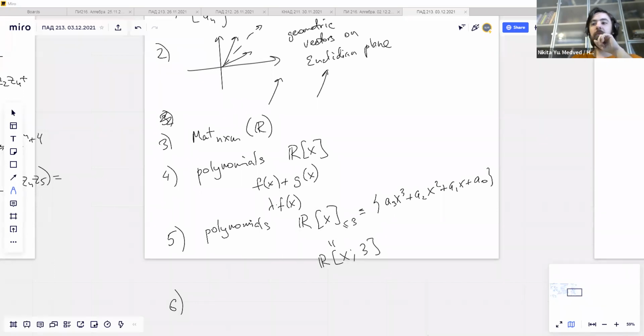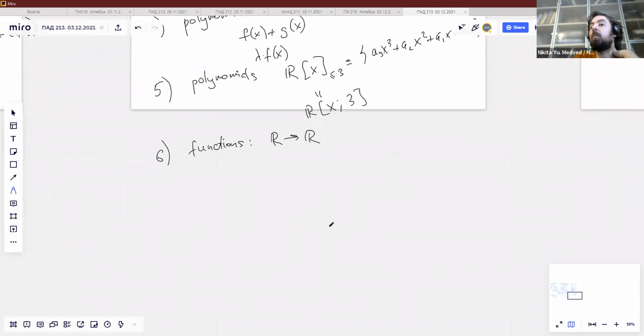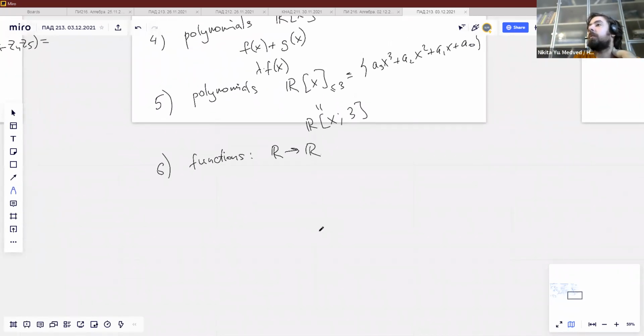Finally, I wanted to have one final example before I go on. Functions. For example, from real line to real line, the functions you study in calculus, any functions, you can add functions point-wise. At each point, the sum of functions gives the sum.